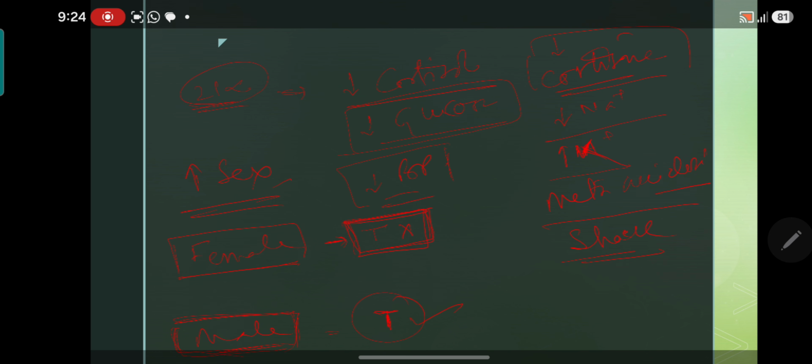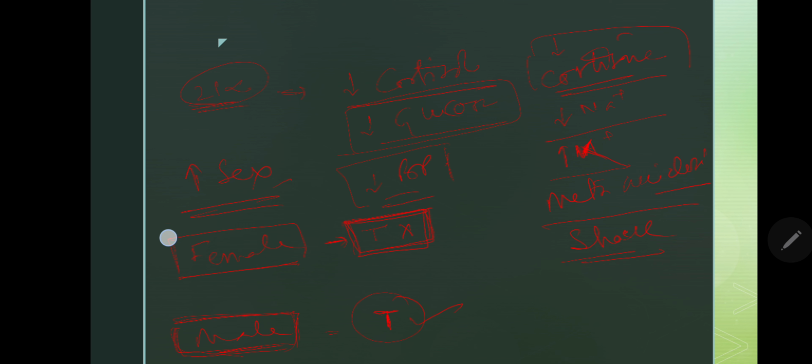So in case of CAH, the female child is genetically female, that means XX, but as there is an increased amount of sex steroid, what happens? There are increased secondary features of male, that means clitoromegaly, muscularization, and the labia majora and minora become hypertrophied. So it is called female pseudohermaphroditism.